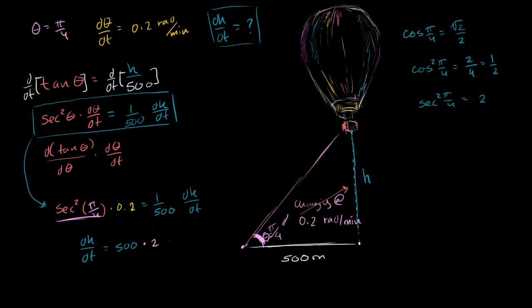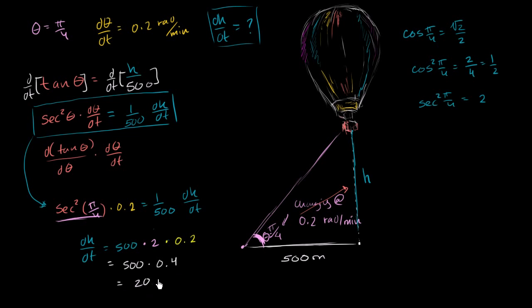So times 2 times 0.2. So what is this going to be? This is going to be 500 times 0.4, which is equal to, let me make sure I get this right.